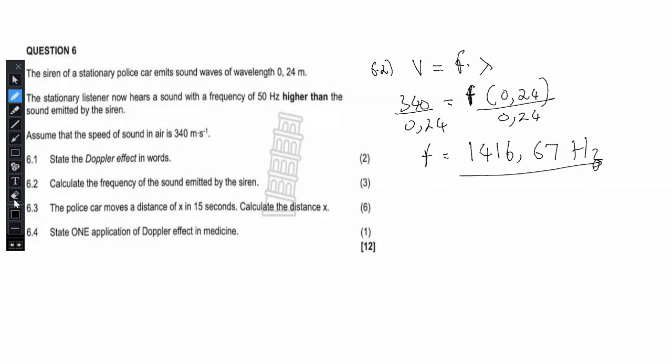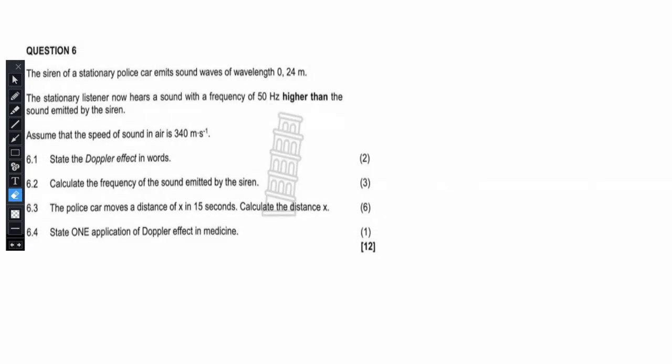Then 6.3 says the police car moves a distance of x in 15 seconds. Calculate the distance x. So now we are told that the police car is moving, right? And then the stationary listener hears a sound with a frequency of 50 hertz higher than the sound emitted by the siren. Now we have calculated the frequency of the source, and we found that it was 1416.67 hertz.